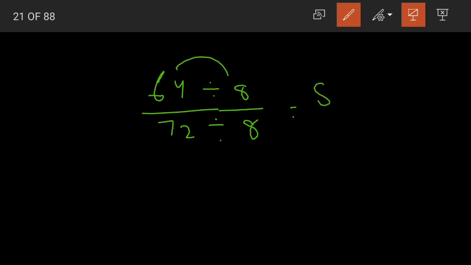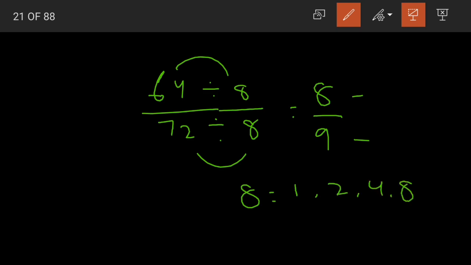So let us divide them both. What is our fraction? 64 by 72. Now if we divide them both by 8, we have 8 8s are 64 and 8 9s are 72. And now if you look at the factors of 8 and 9, the factors of 8 are 1, 2, 4 and 8.